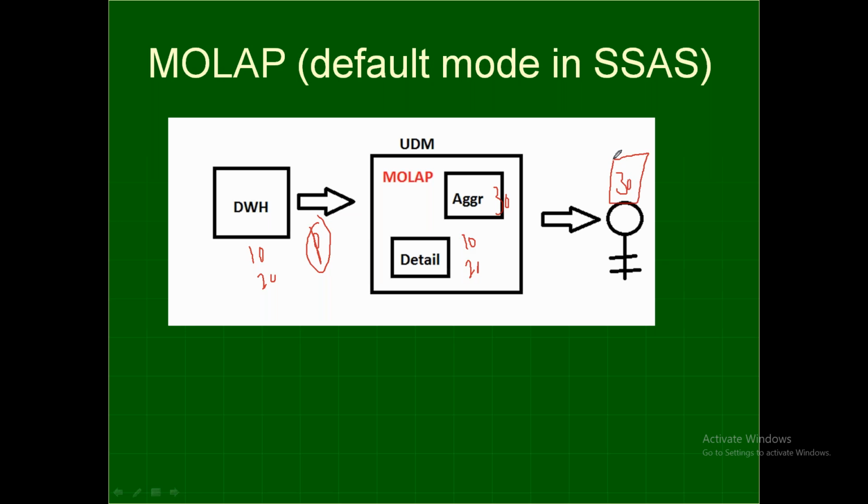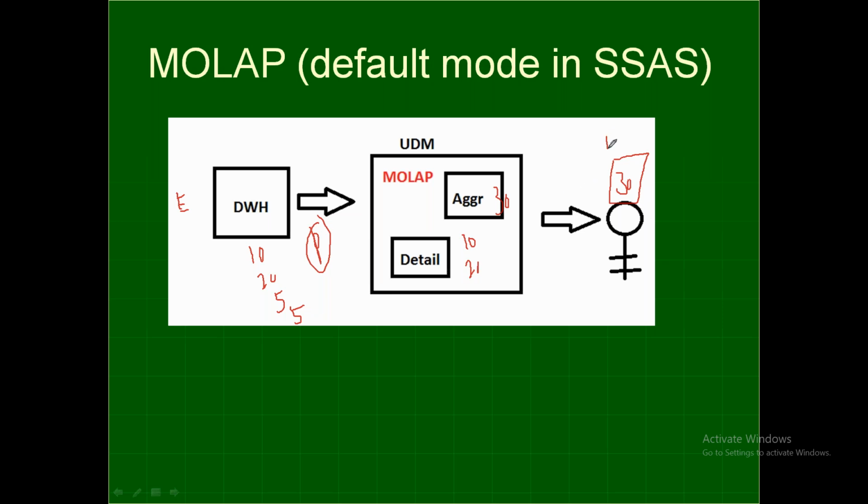Now, after 1 day or after 10 days, you are going to be loading the data with the help of ETL because the SSIS package will run. ETL is going to be getting the data. Data got loaded. So one more five got added, one more five got added. Now, until and unless you process the cube, you don't see this data: 10 plus 20, 30, 35, 40.